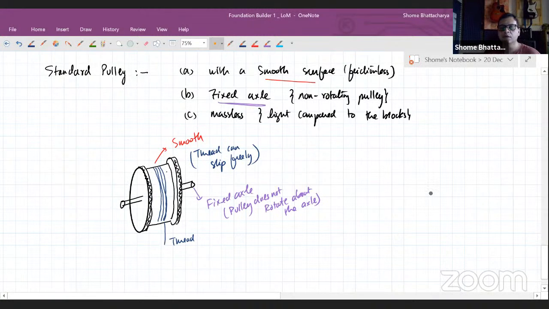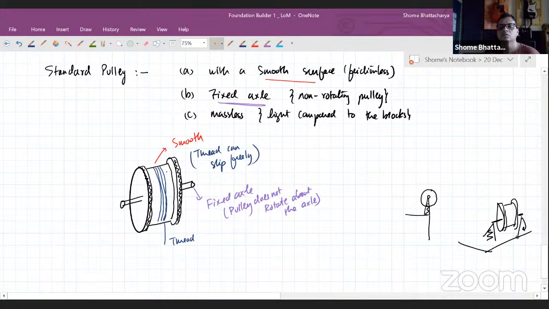So when we make a two-dimensional diagram and show the pulley just like this with the axle, let's say attached to some surface like this, in 3D actually there's this whole structure like this. It's like a cylinder attached to two wheels like this, but the whole thing is fixed and it's attached to the corner of a table like this.